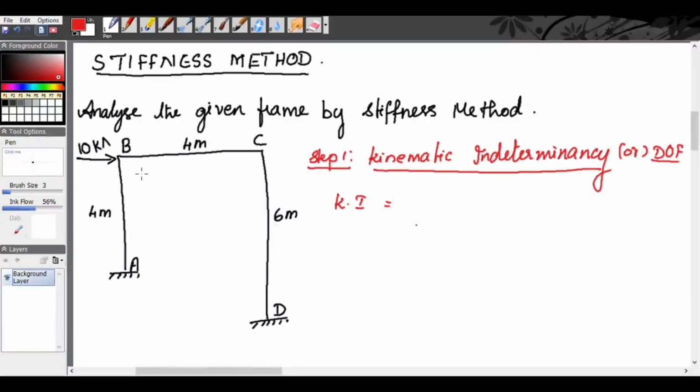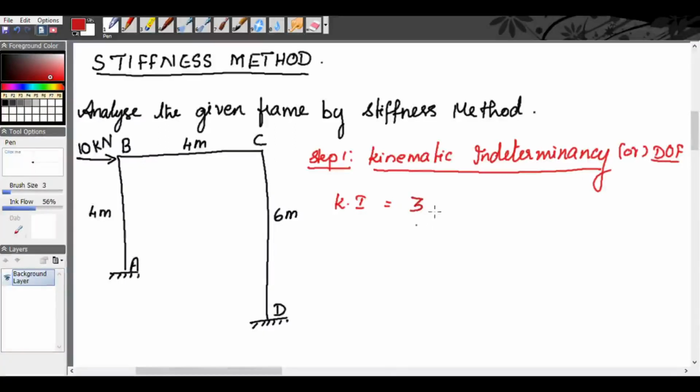If we see here, the independent displacement coordinates are the rotation at B, the rotation at C, and the deflection at B, that is the sway movement. The deflection at B because of sway. So our kinematic indeterminacy is 3.